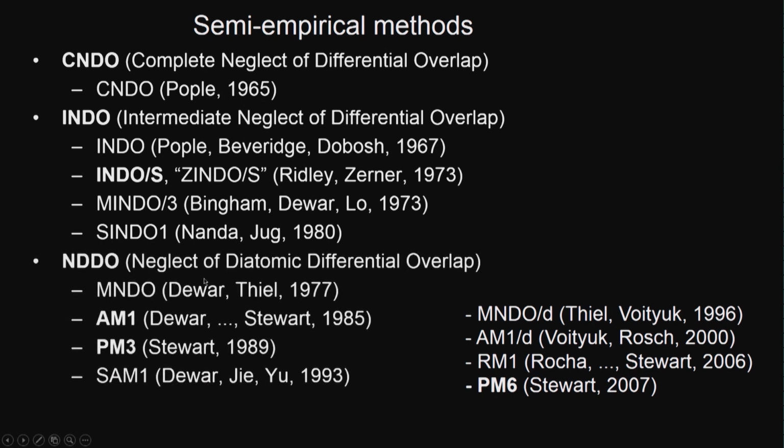Then came NDDO, neglect of diatomic differential overlap, then MNDO, AM1, PM3, SAM1. In the 2000s we have better methods, PM6, which are a big improvement, but still quite fast unlike the ab initio methods.